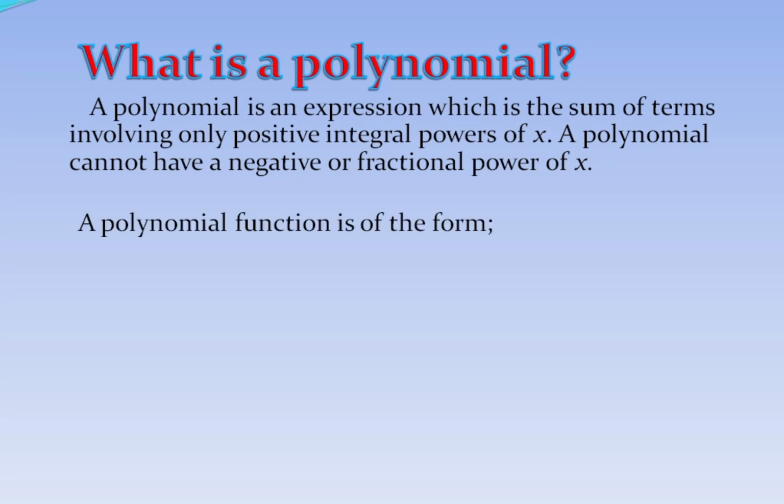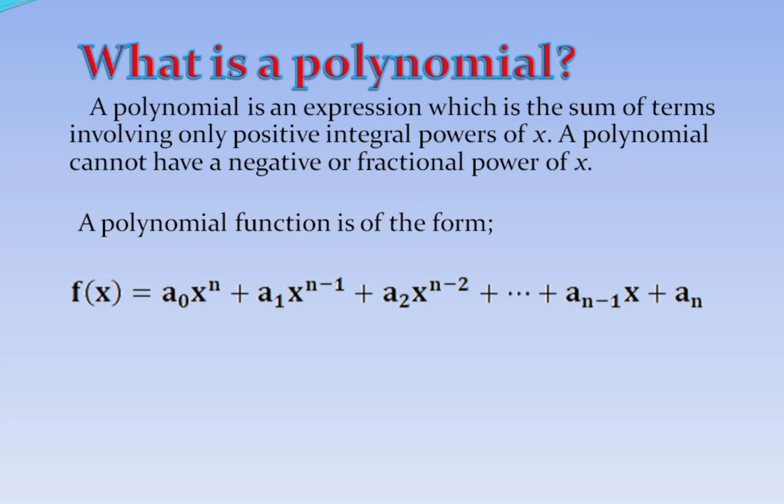So a polynomial function is written in this form: f(x) = a_0 x^n + a_1 x^(n-1) + a_2 x^(n-2), and it can go on and on until the last term, which will be a_n.